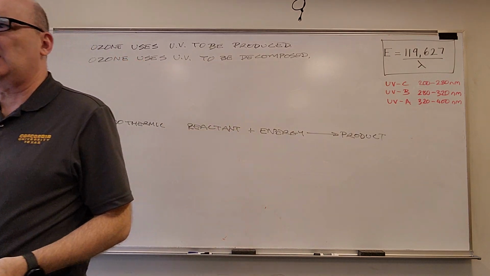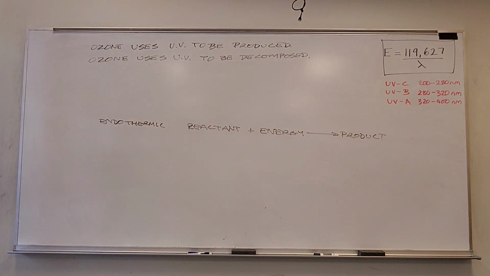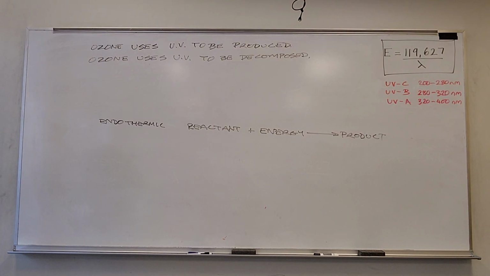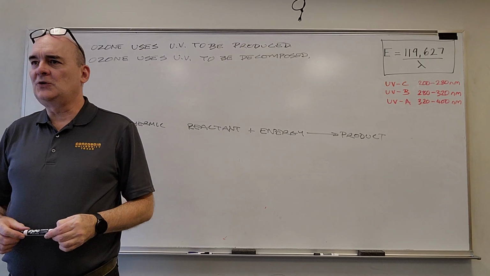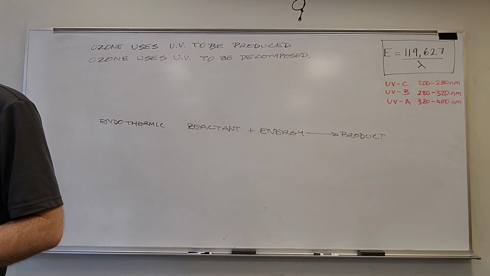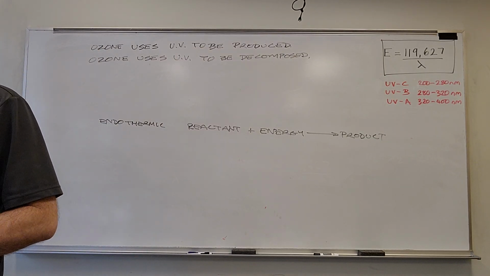This is how it forms a protective layer. The ultraviolet hits the oxygen in the upper atmosphere, turns that oxygen into ozone, and then turns the ozone back into oxygen. And it consumes ultraviolet in both directions.